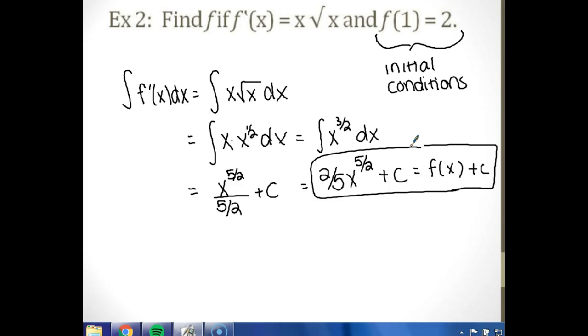If I want to know this, what I'm going to do is replace the x's with 1 and f of x with 2. So you get 2/5 times 1 to the 5/2 plus c equals 2.